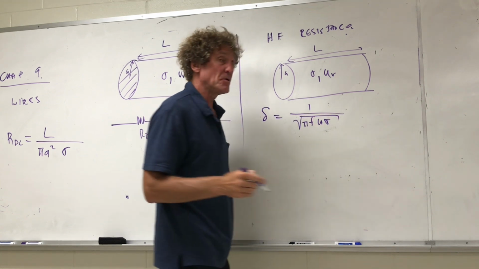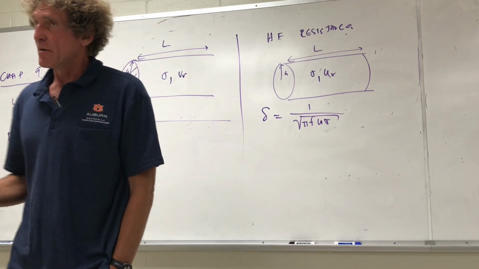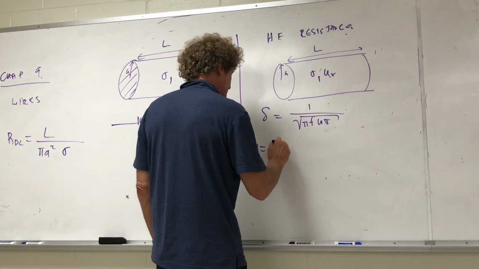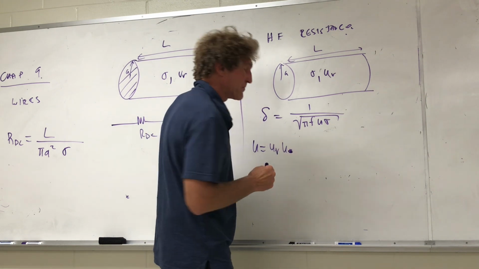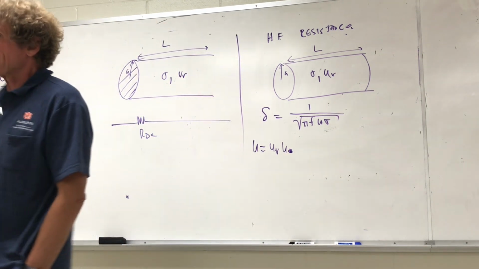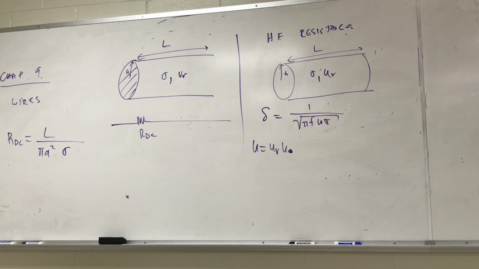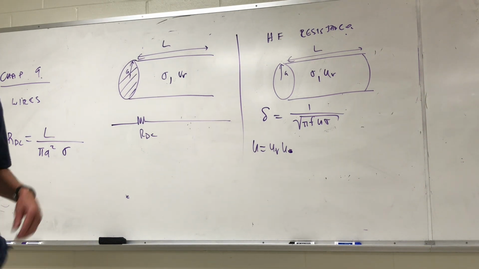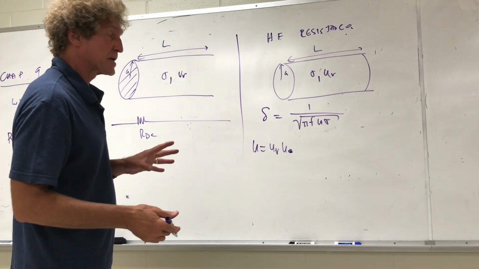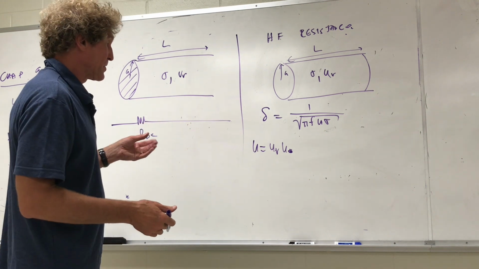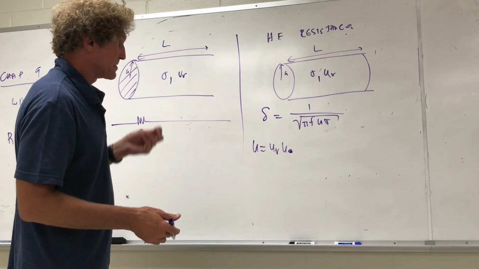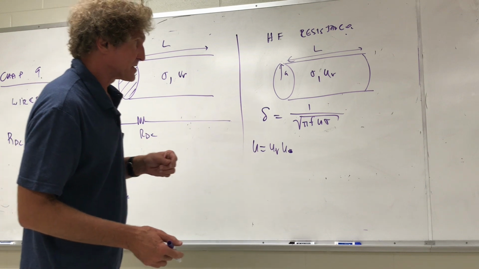Now remember that mu doesn't have to be mu naught. Mu is mu relative times mu naught. And you will see in 1045 steel the mu relative is 1,000. So it's a substantial effect. 1045 steel will have a smaller skin depth for a given frequency than copper. So that's the skin depth.